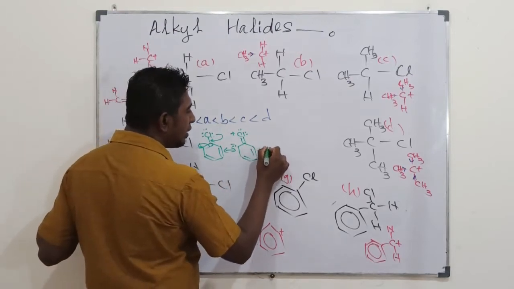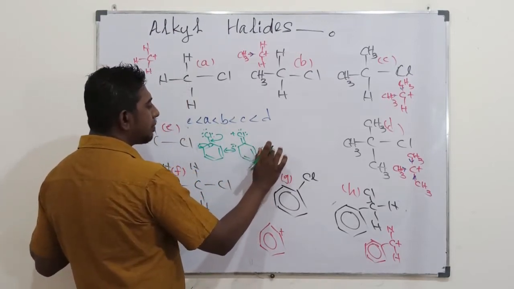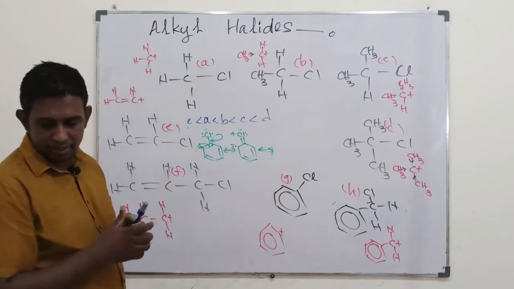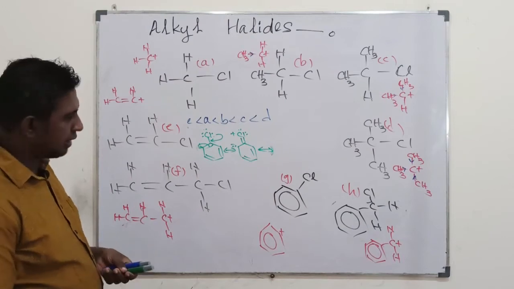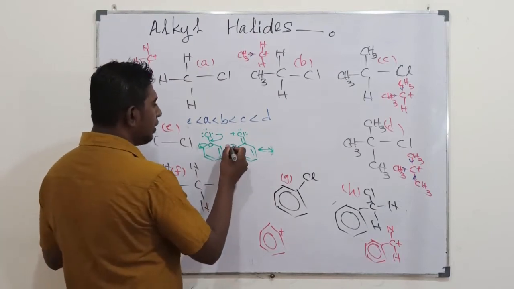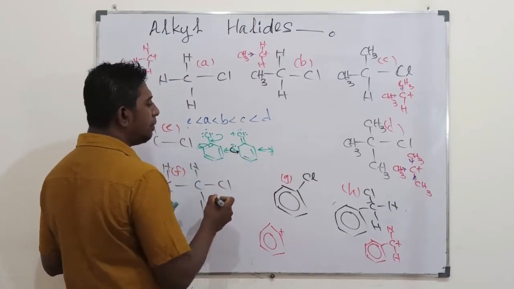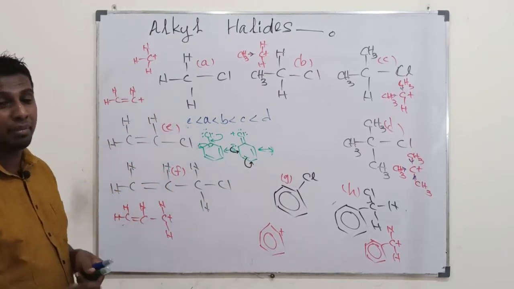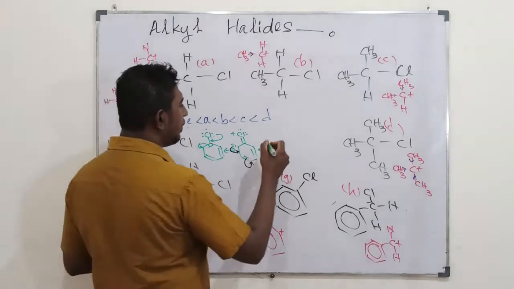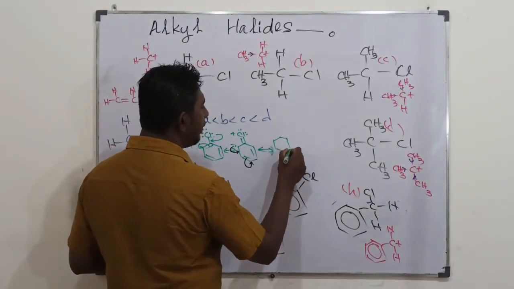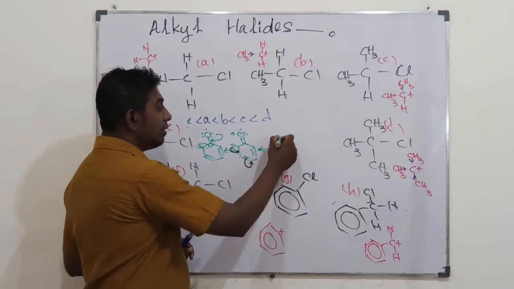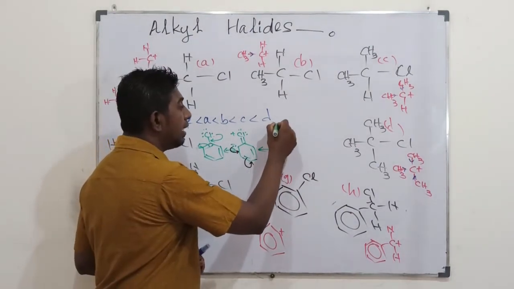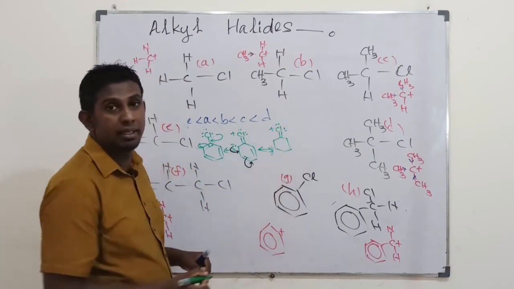Then you have 2 electrons there, and you still have those 2 pi bonds. Then students, it further uses this lone pair here. We'll symbolize it in a different color. So this lone pair here will form a pi bond here, and this pi bond will be broken on that carbon. So what you get is this double bond still there, and you have the positive charge and 2 lone pairs on chlorine.